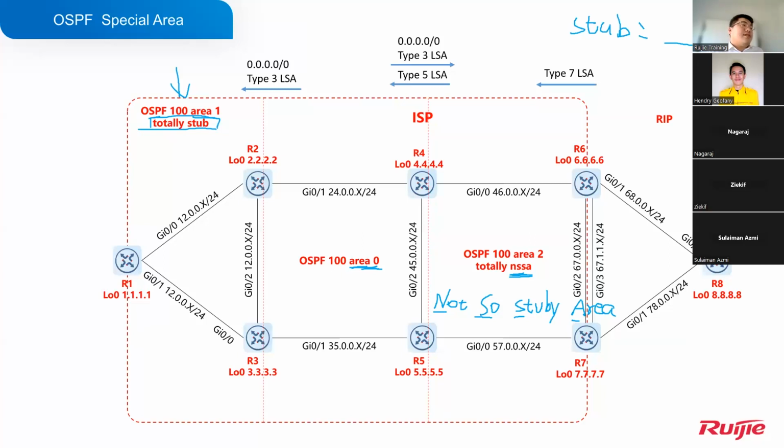Okay, I see an answer is 1, 2, and 3. Okay, so how about totally stub? What type of LSAs can we find?